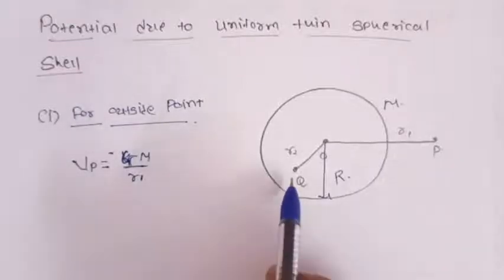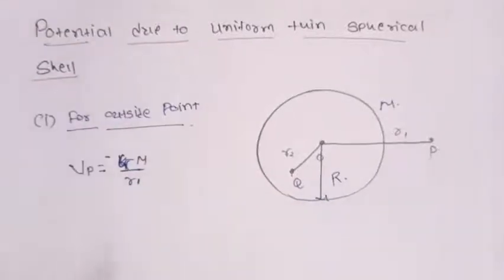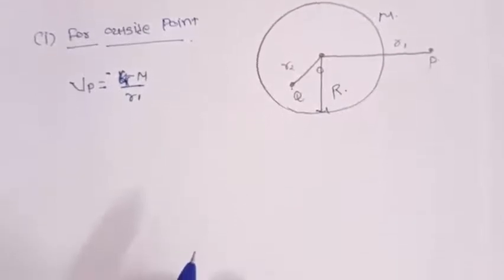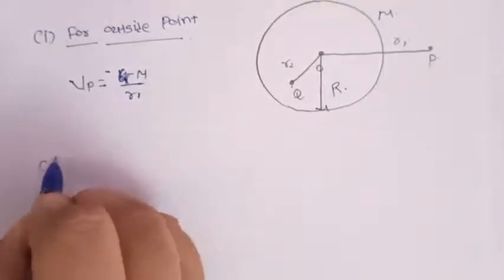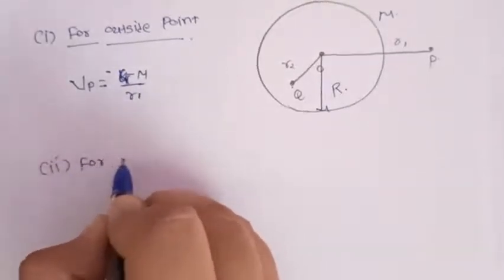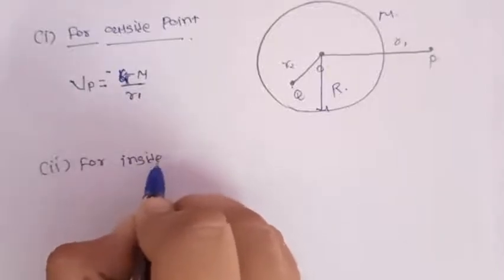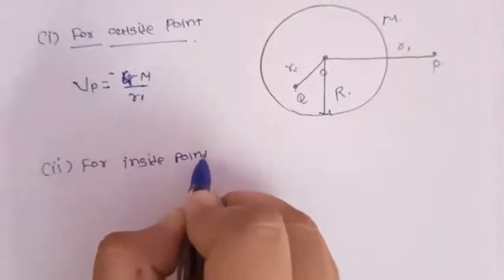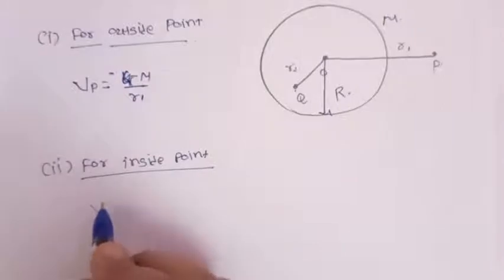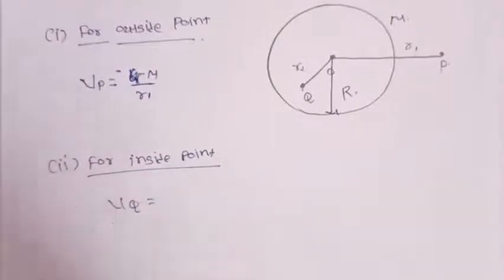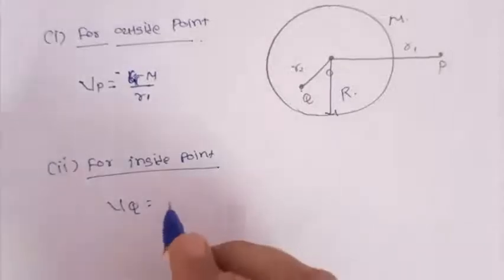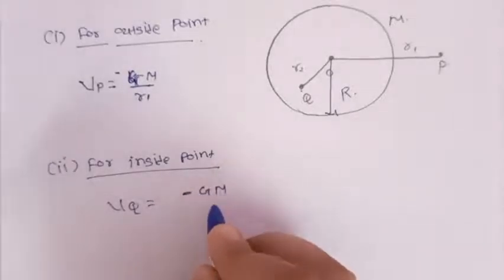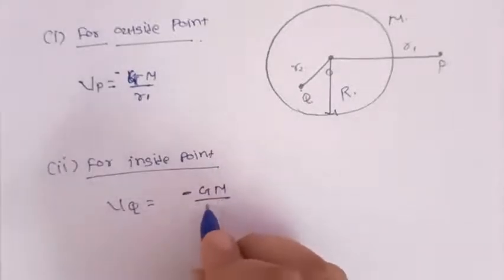Now, at point Q, that is the inside point, the potential at Q will be minus of GM upon R.